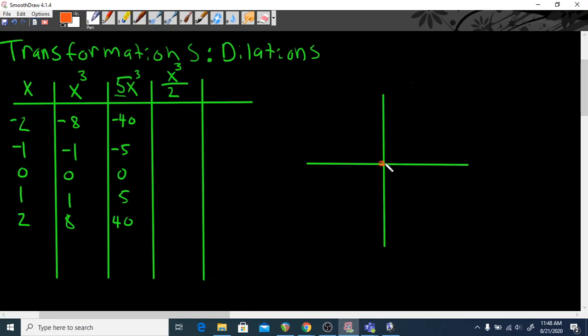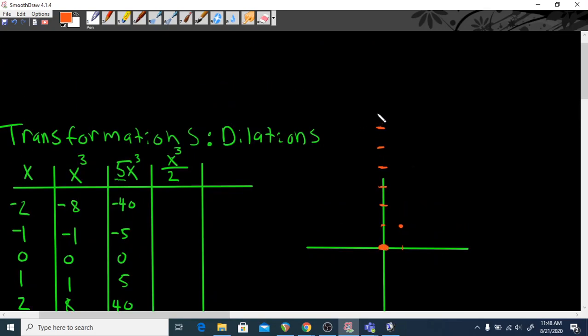So we got 0, 0. We got 1, 1. And then we got 2, 8. So 1, 2, 3, 4, gotta keep going, 5, 6, 7, 8.